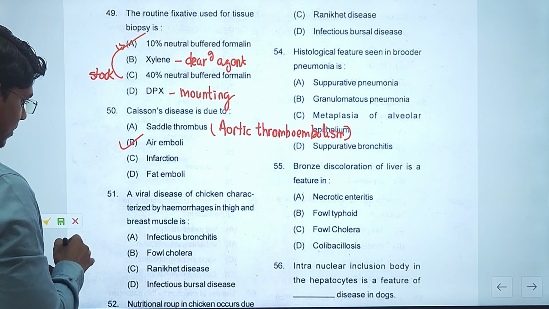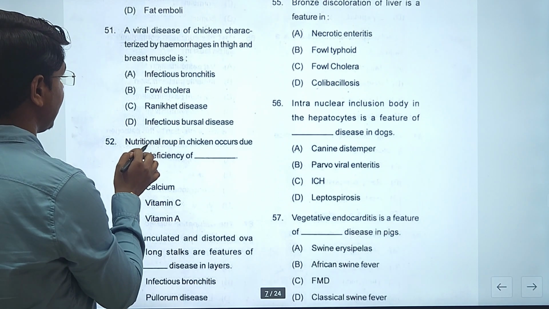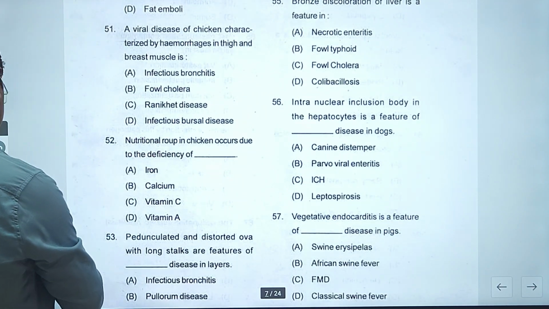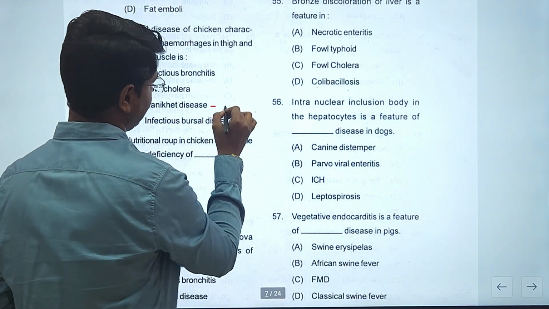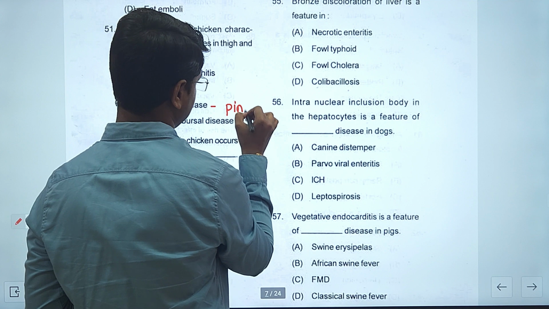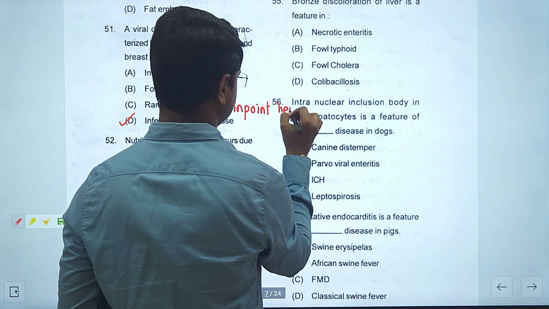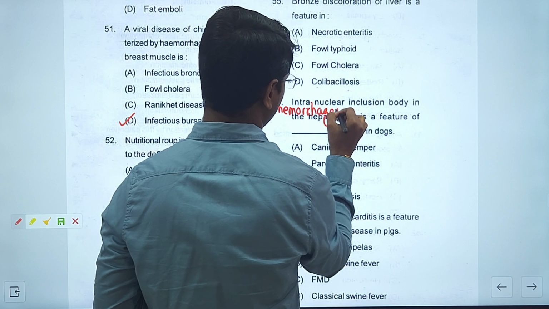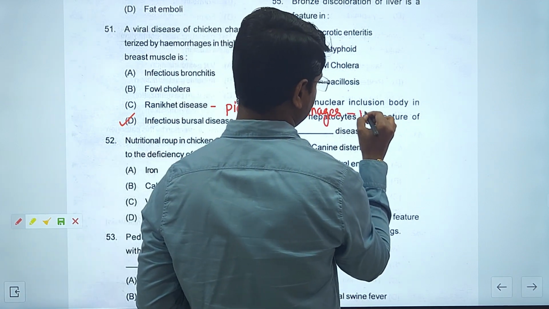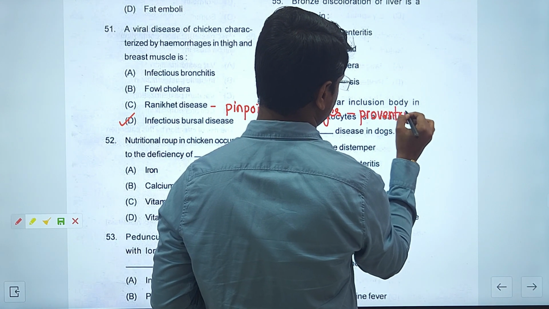Next question. A viral disease of chicken characterized by hemorrhages in thigh and breast muscle: IBD, infectious bursal disease. In case of Ranikhet disease, you will find pinpoint hemorrhages in the proventricular gland. It is very much characteristic.